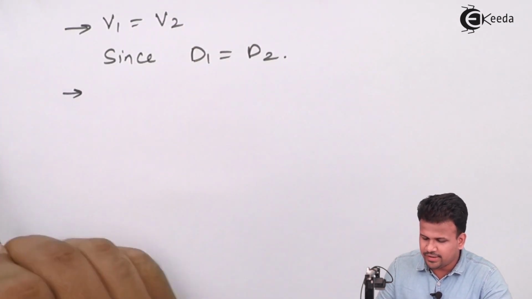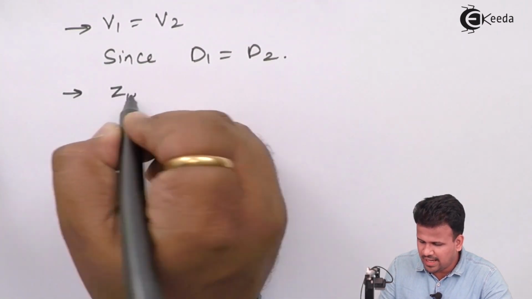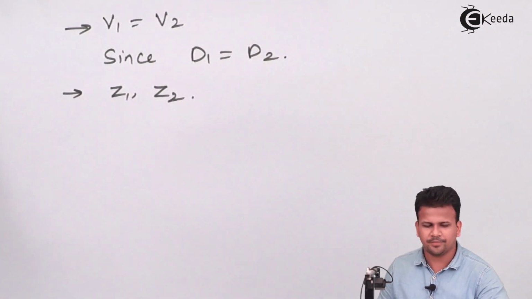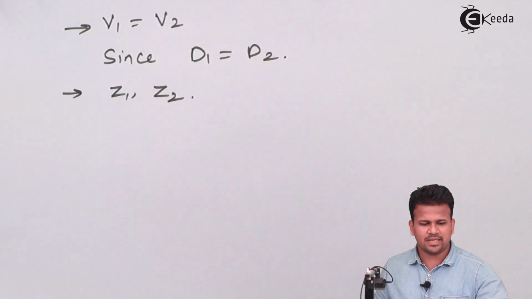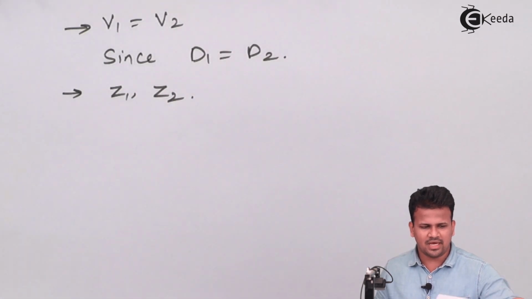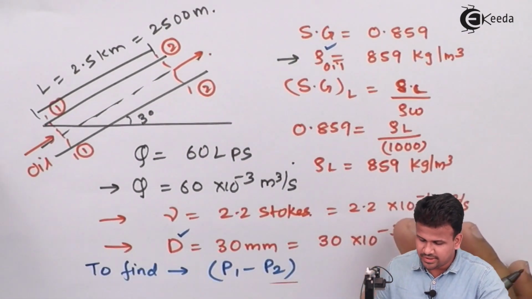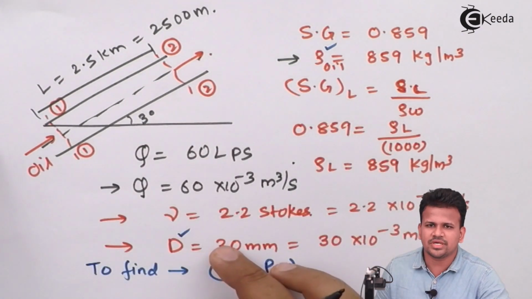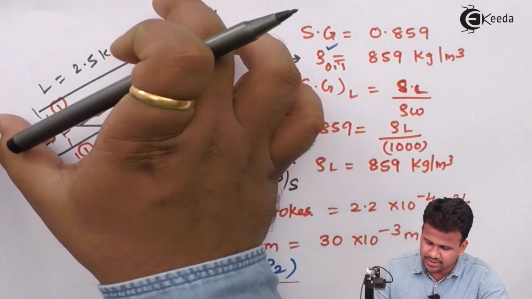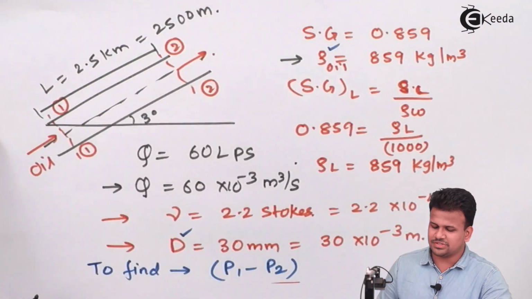Next we'll take care of Z1 and Z2. Now let us check out our diagram. So in our diagram we had drawn that it is inclined at an angle of 3 degrees to the horizontal and it is 2.5 kilometers long.